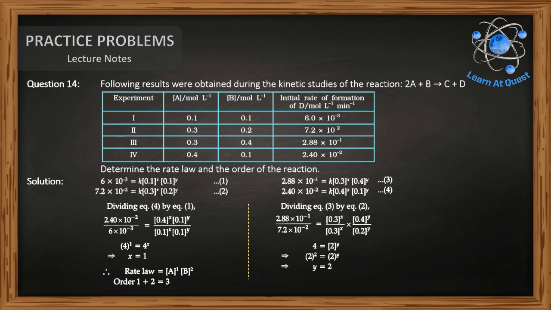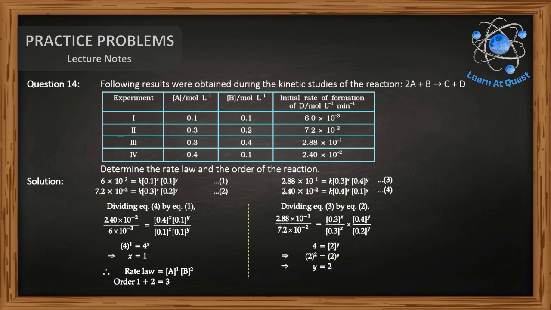Now we have to first express its rate law, that is, we need to find the value of X and Y. To find the value of X and Y, we'll divide the 4th equation by the 1st equation and the 3rd equation by the 2nd equation. Let us divide equation 4 by equation 1.